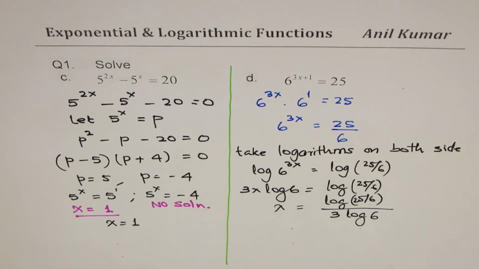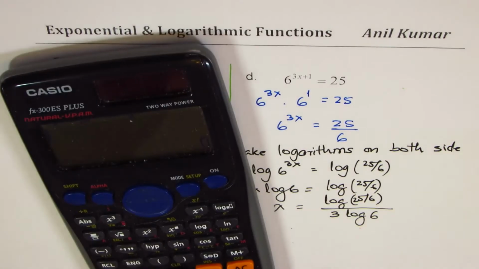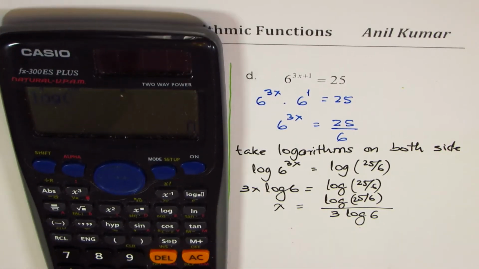So let me get hold of the calculator to figure this out. You can always pause the video, find the answer, and check with my solution. So what we get here is log of, within brackets, 25 divided by 6.